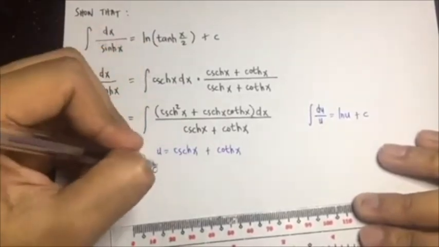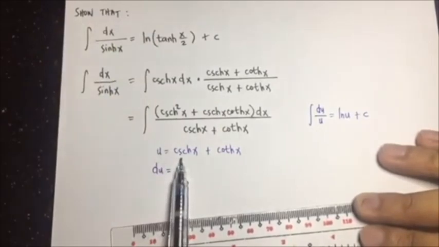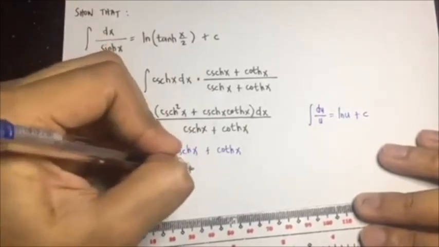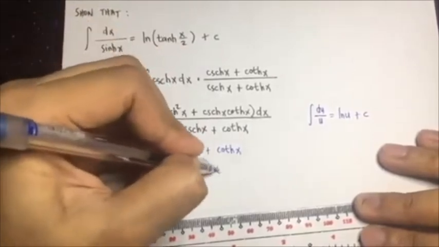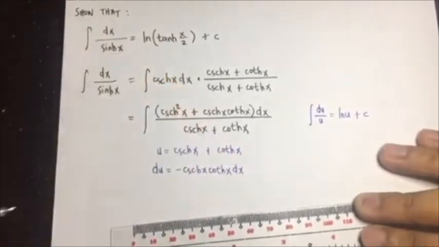So therefore, our du is equal to, the differential of hyperbolic cosecant is negative hyperbolic cosecant of x hyperbolic cotangent of x dx.